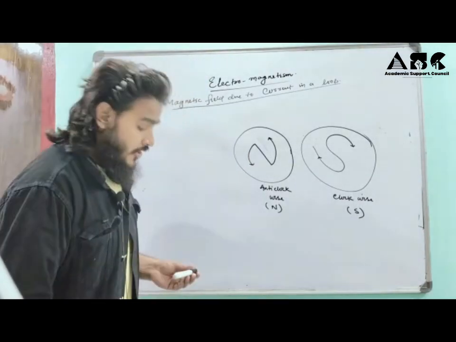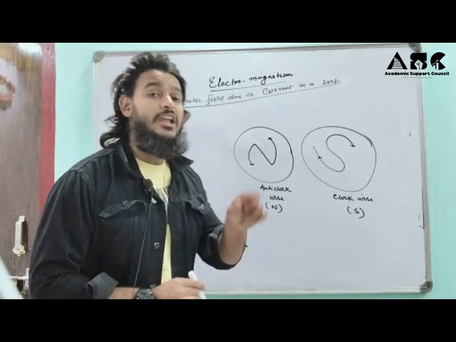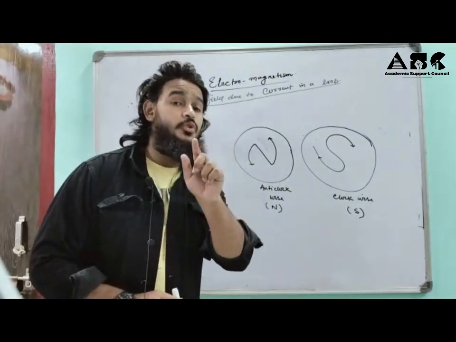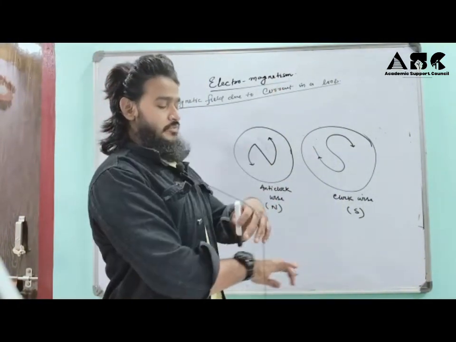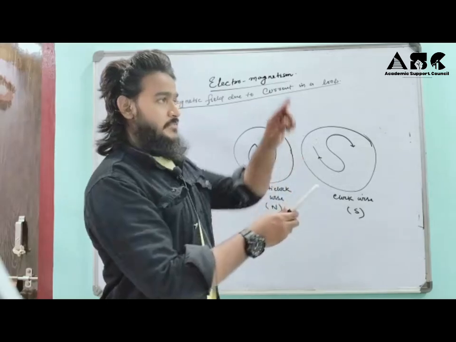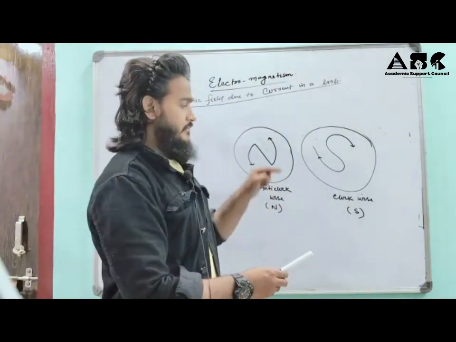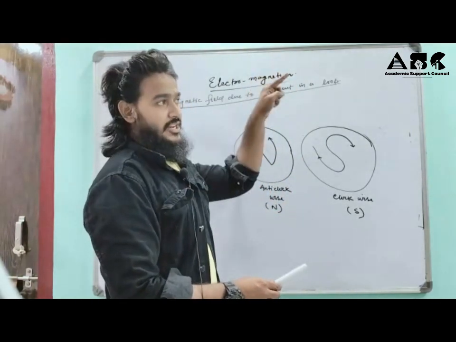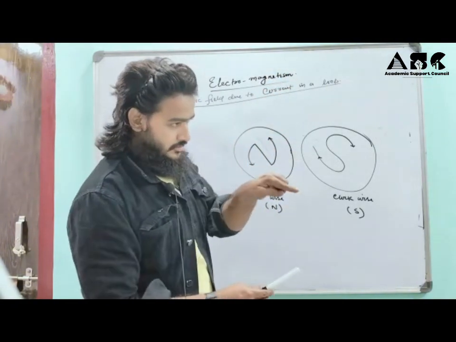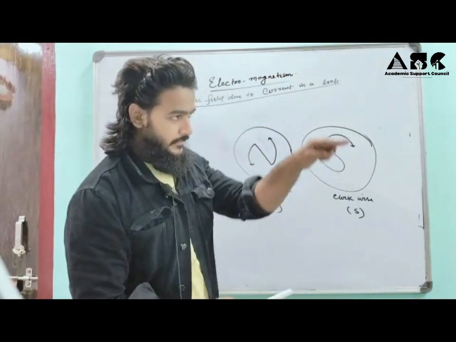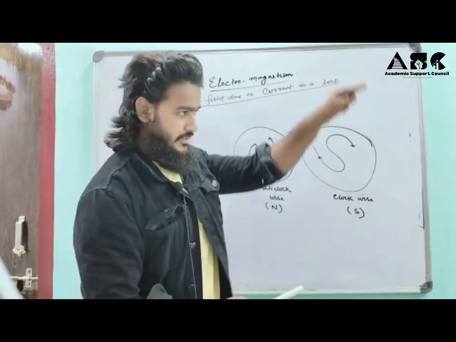So remember, whenever current is passing anti-clockwise with reference to your point, suppose I am standing here and current is passing in this way. Suppose the current goes 1, 2, 3, 4, 5, 6, 7, 8, 9, 10, as the numbers are generally written on a clock.